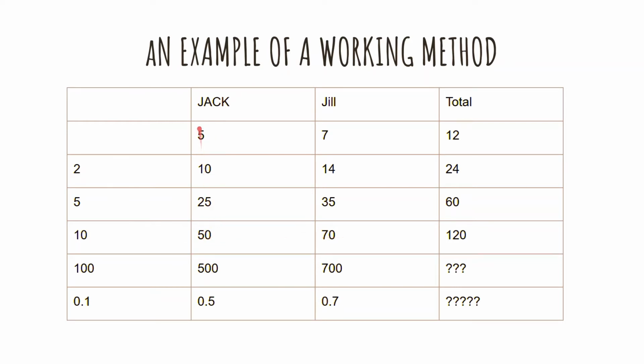Because this one increased by 10, this one will have to increase by 10. 50 to 70. The total will also increase by 10. So you can see 5 times 2, 10 here. 7 times 2, 14. The total times 2 will be 24, which is also equal to 14 plus 10.